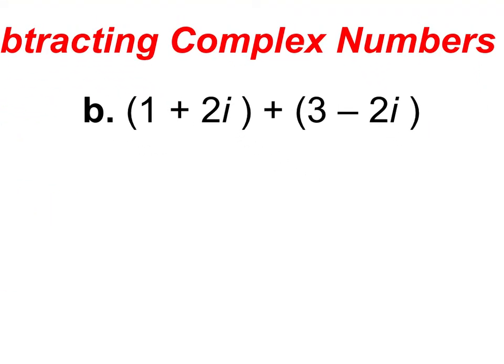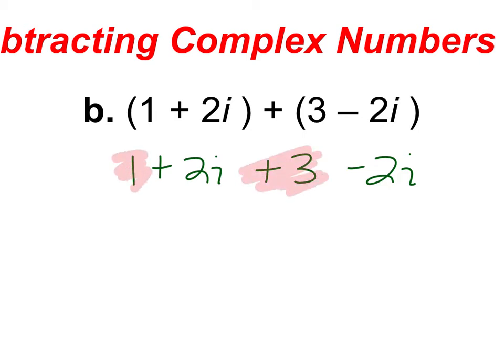So I'm going to start by rewriting this as just 1 plus 2i plus 3 minus 2i. So in this case, our real numbers, we've got 1 plus 3 is 4. And then the imaginary numbers are positive 2 minus 2.